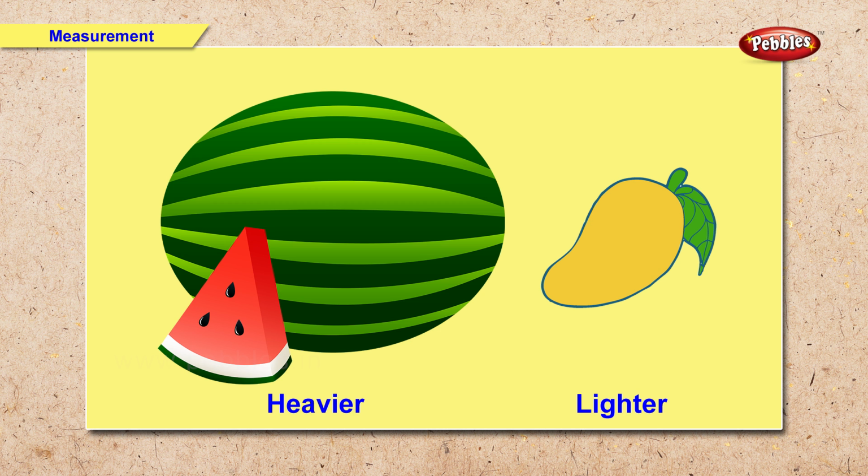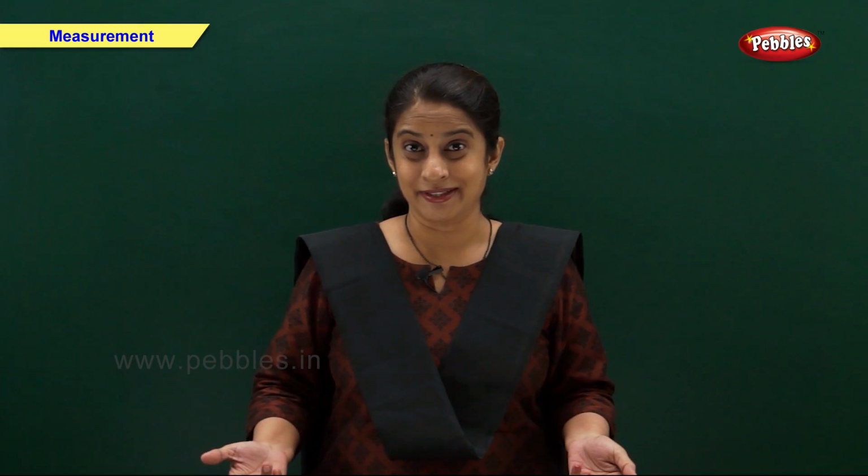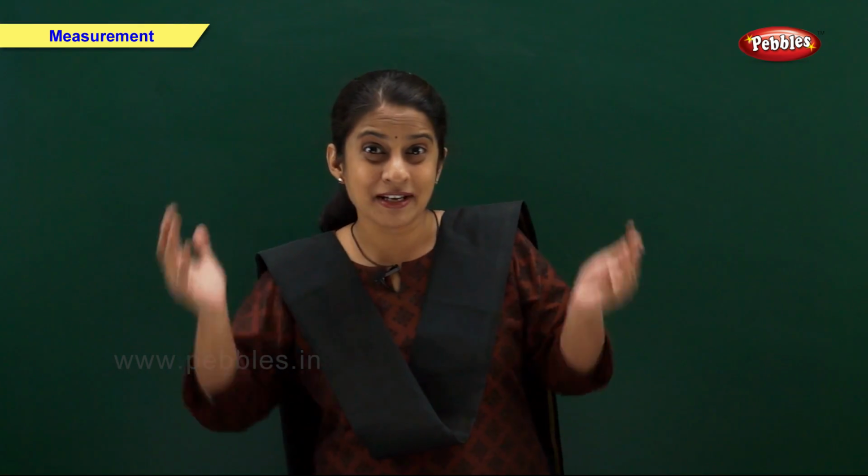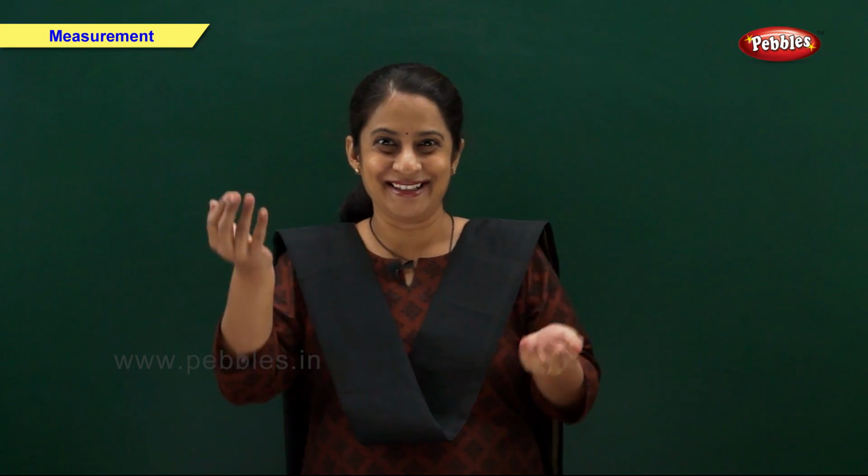Which fruit is heavier and which fruit is lighter? Come on, tell me fast. Right. The watermelon is heavier. The mango is lighter. Now let us see heaviest and lightest.